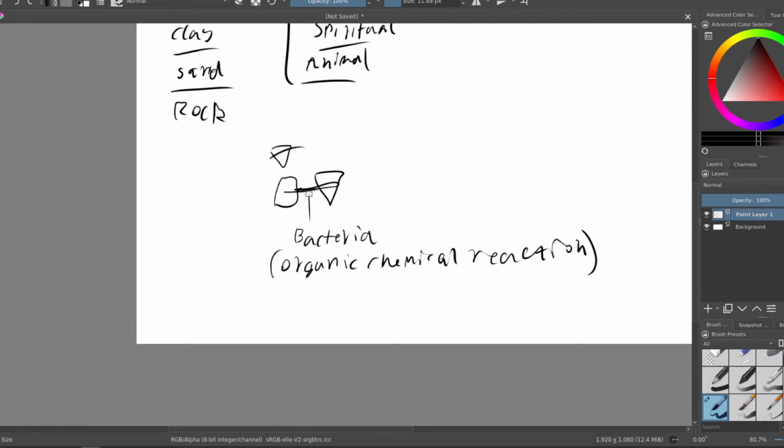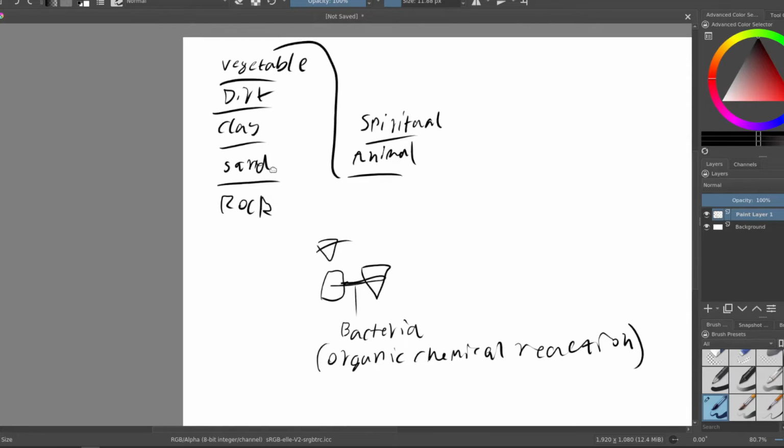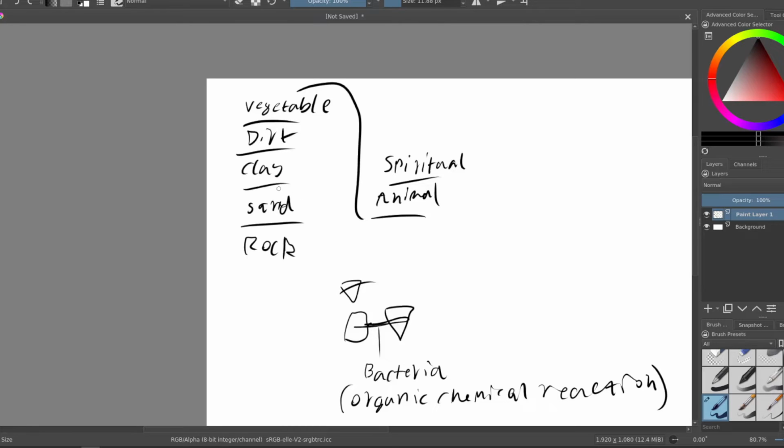I mean, like a smaller version of the earth. It mixes in with the water, it makes it smaller and smaller. Rock is big, forms into smaller sand, sand is smaller clay or silt, and then clay is smaller dirt.